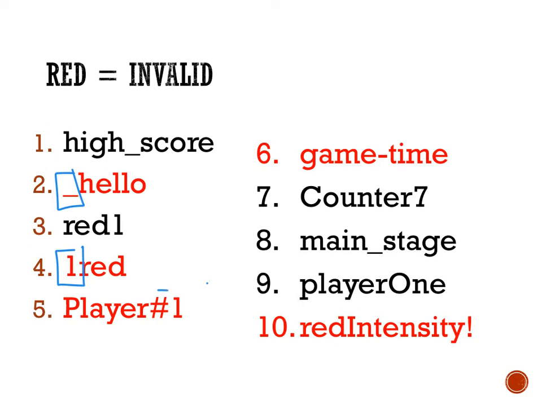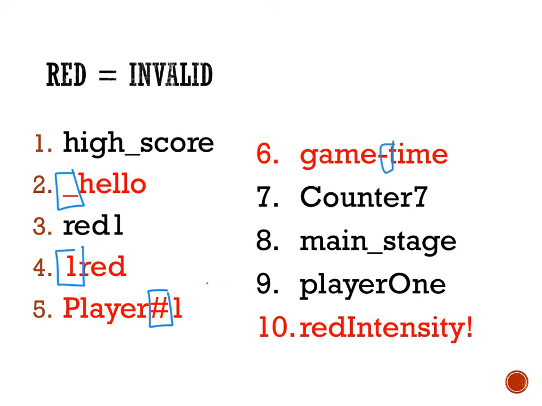Number 5 is inappropriate because of this hashtag, number, pound, whatever symbol you want to call it there. You can only have letters, numbers, and underscores in your variable name. That hashtag is not allowed. Same thing with number 6, the dash is not allowed.